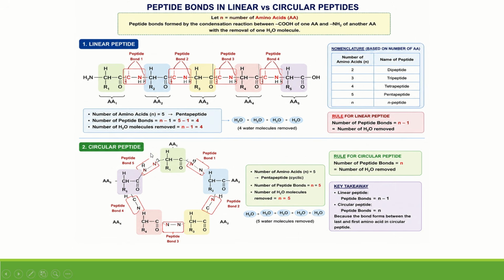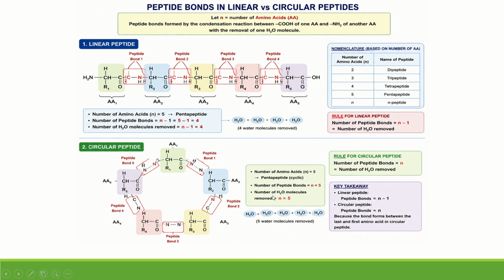In a circular peptide, this also consists of number of amino acids 1, 2, 3, 4, 5. Number of amino acids n is equal to 5. So, it is a pentapeptide, but it is cyclic form, and number of peptide bonds is equal to n, that is equal to 5. So, here the peptide bonds are 1, 2, 3, 4, 5.